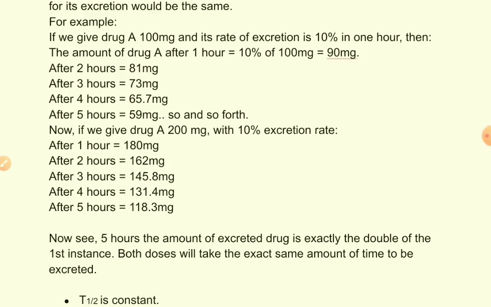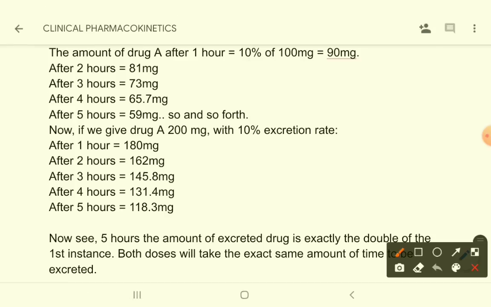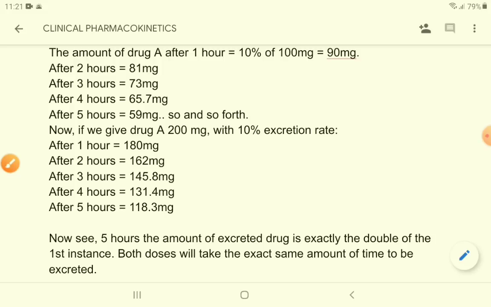So after 1 hour the remaining amount will be 200 minus 20 equals 180 milligram. Then after 2 hours 162 milligrams. After 3 hours 145 milligrams, and so on. So after 5 hours we will get 118.3 milligram approximately.